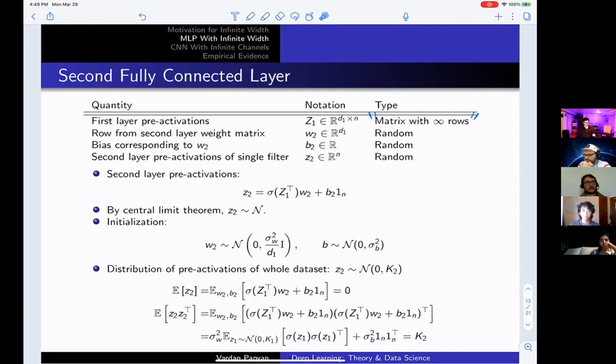Now, at this point, notice the following thing. Let us cross this out. Hopefully no one saw what was written. So the question is, why would Z2 be distributed as a normal? Why? You see that the title of this lecture presentation was Gaussian neural network, Gaussian process.